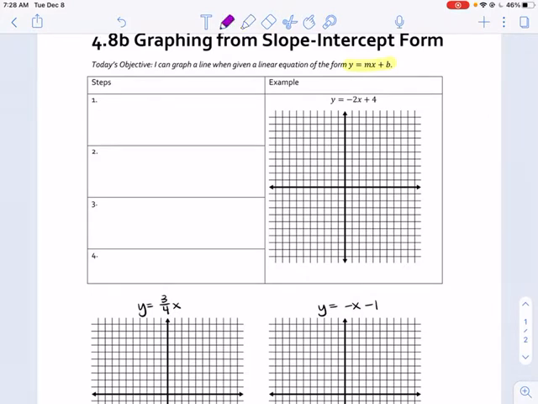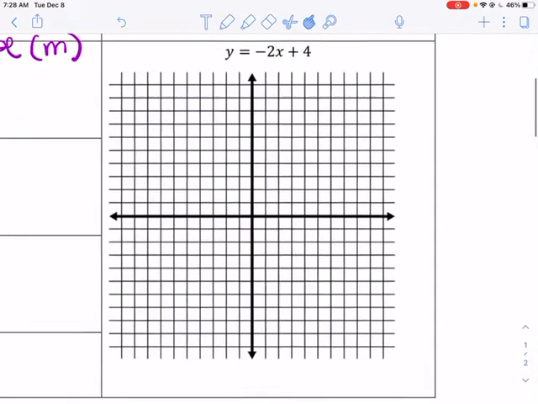First thing that we're going to do when given the equation is we're going to identify the slope and y-intercept. Remember that the slope is the m in y equals mx plus b, and the y-intercept is the b in y equals mx plus b. So let's go ahead and look at our equation.